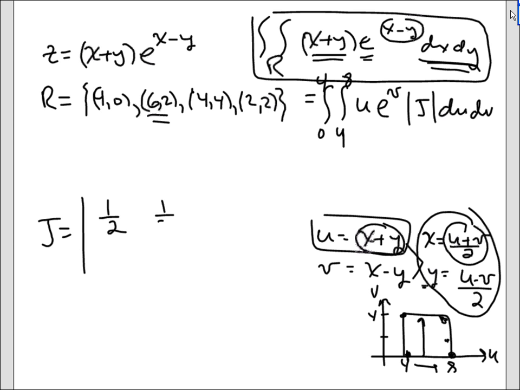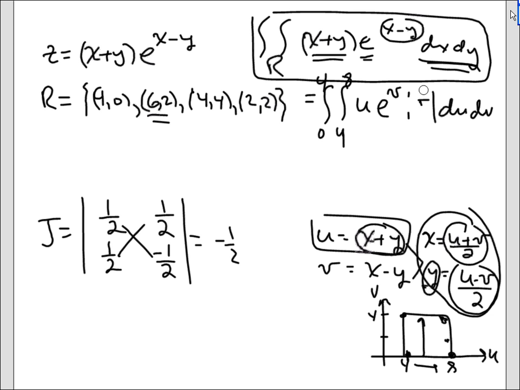Same thing for the partial of x with respect to v. The partial of y with respect to u will be 1/2, but the partial with respect to v will be -1/2. So once again, we have -1/4, -1/4, we have -1/2. So the Jacobian, the absolute value, is 1/2.